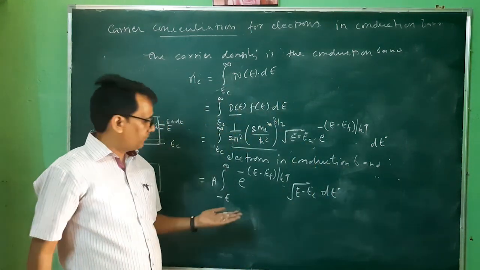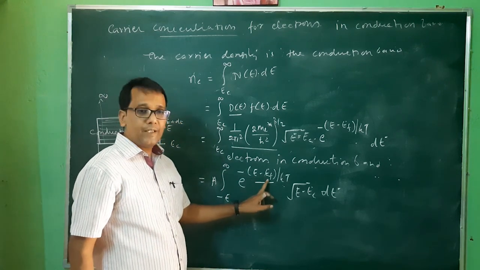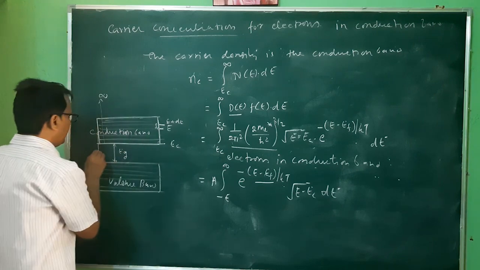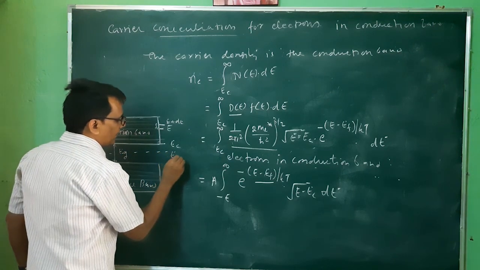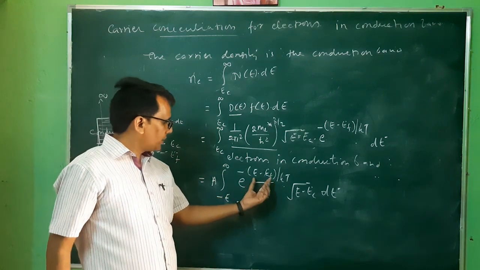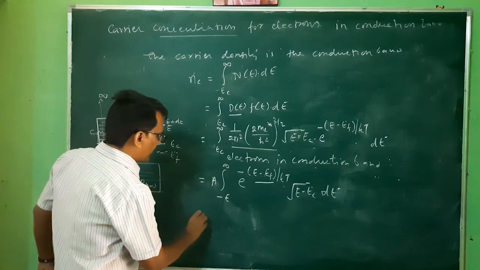Now let us see the difference between these two terms. Here it is E − EF, with the Fermi energy level for the pure semiconductor, and here it is E − Ec. So we have to convert this term with Ec, so let us make a substitution.